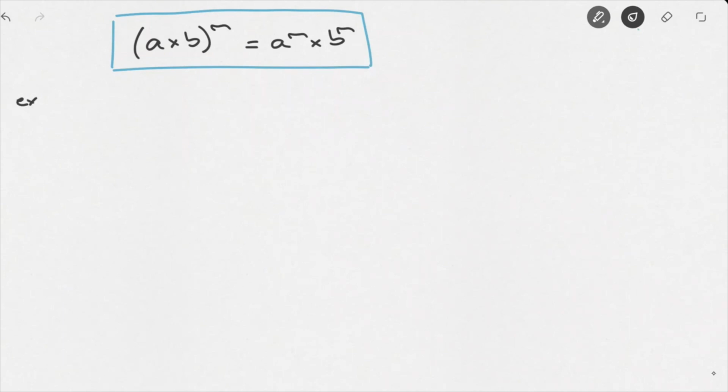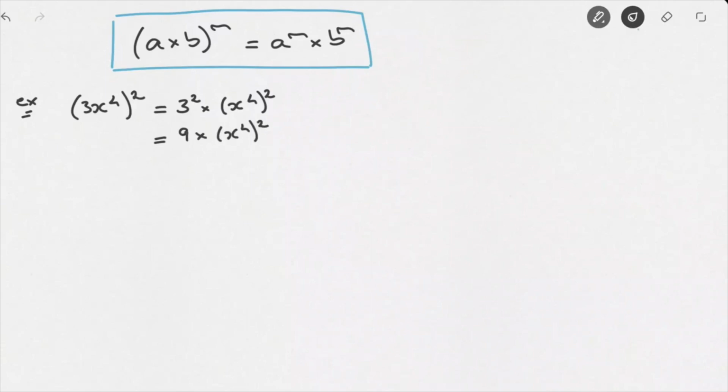Let's look at the first example. Say we're given the following: 3x to the power of 4, raised to the power of 2. Well, using what we've just learnt, we can say that this should equal 3 to the power of 2 times x to the power of 4 raised to the power of 2. 3 to the power of 2 is 9, so this should equal 9 times x to the power of 4 raised to the power of 2.